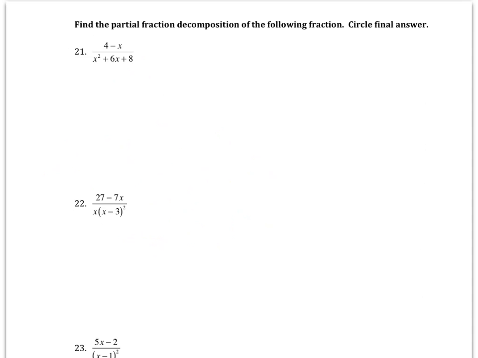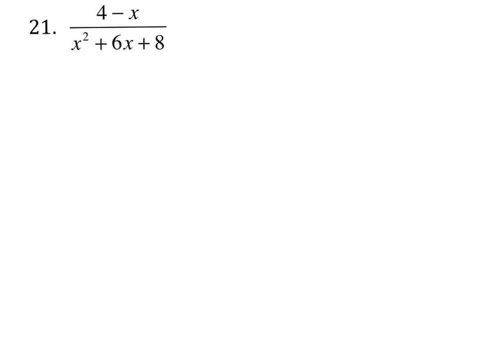21, 22, and 23 are all partial fraction decomposition. So what we want to do first is factor the denominator. So we have x plus 2 and x plus 4. And now we want to separate the fraction by saying a over x plus 2 plus b over x plus 4.